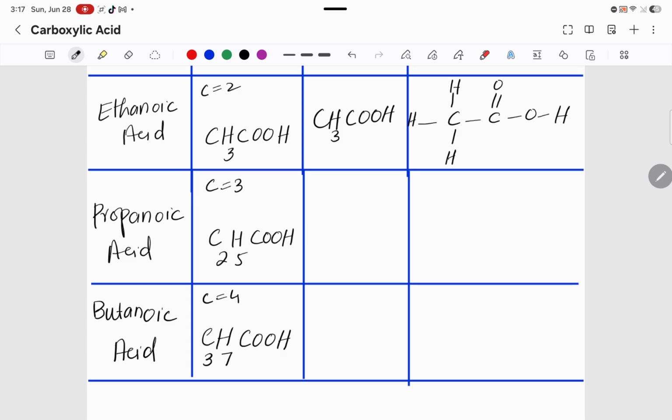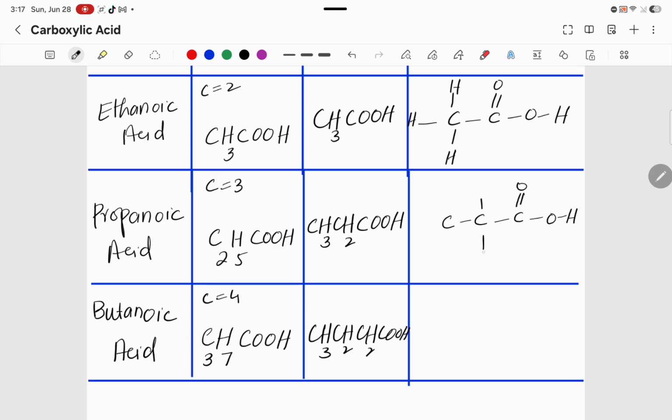So butanoic acid, and the structural formula would be CH3CH2COOH, and here it would be CH3CH2CH2COOH. For the displayed formula, we have to show all the atoms and all the bonds like this.